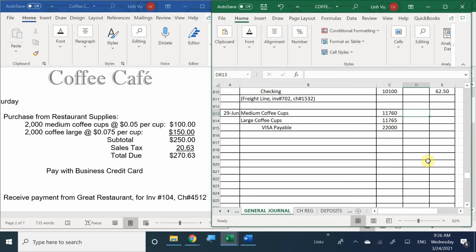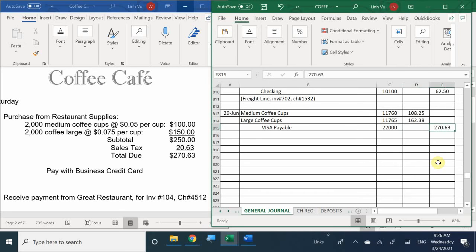So how much is going to go into my actual medium coffee cups? We have 825 of tax going into there, so that's 108.25. What about my large coffee cups? 162.38.